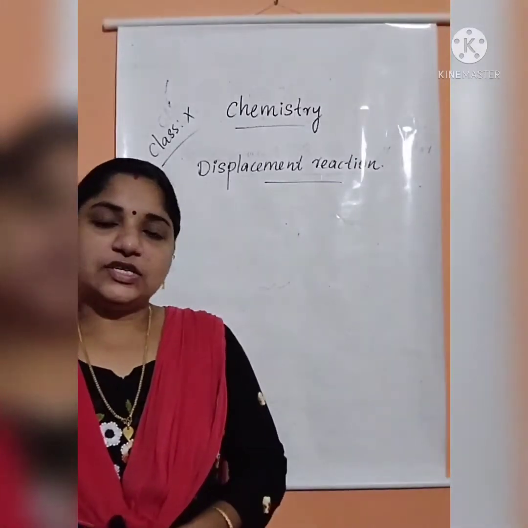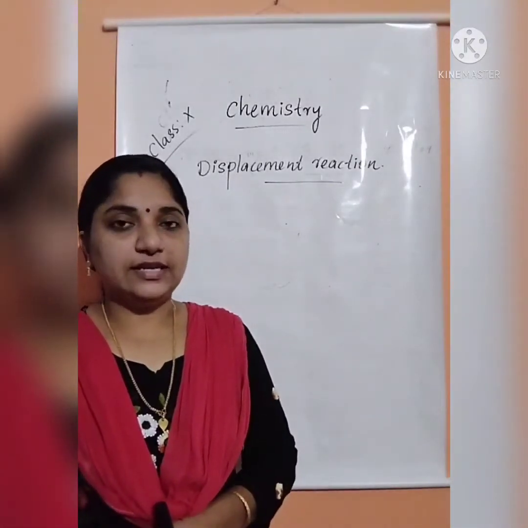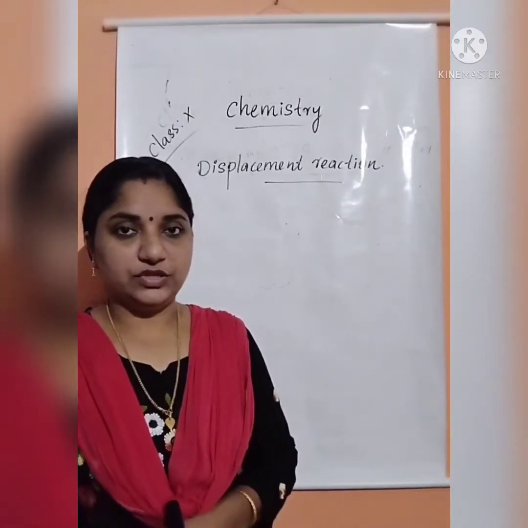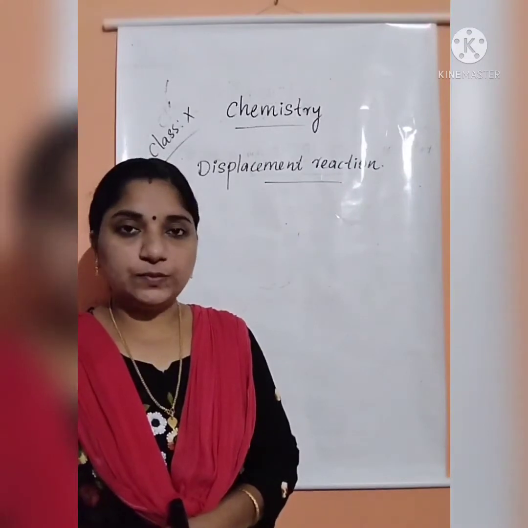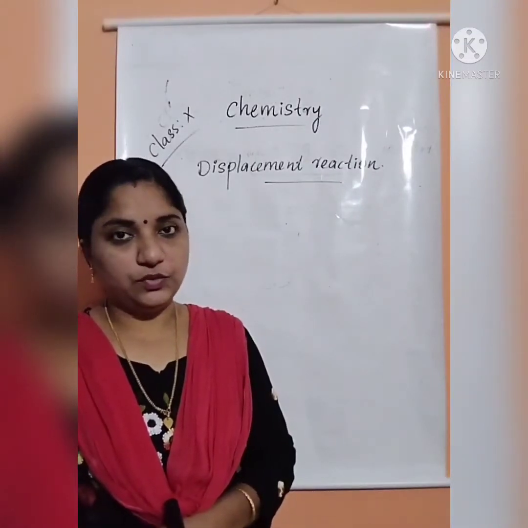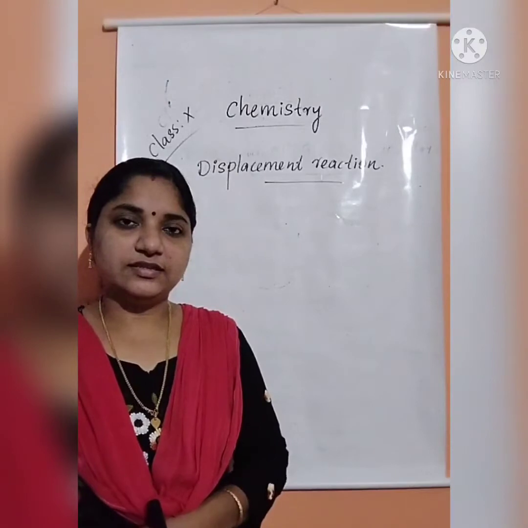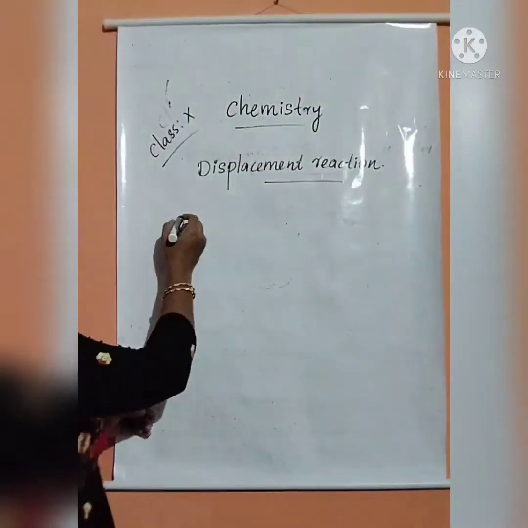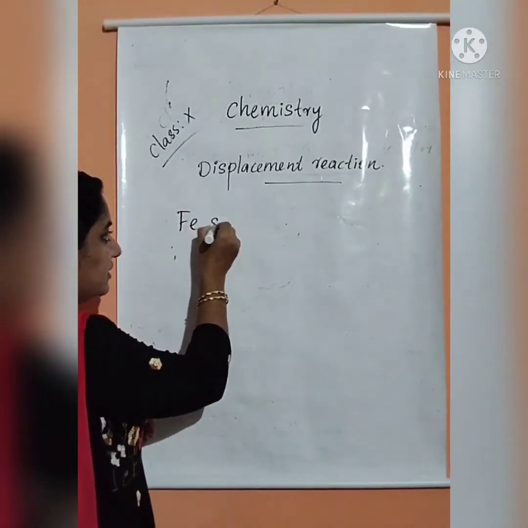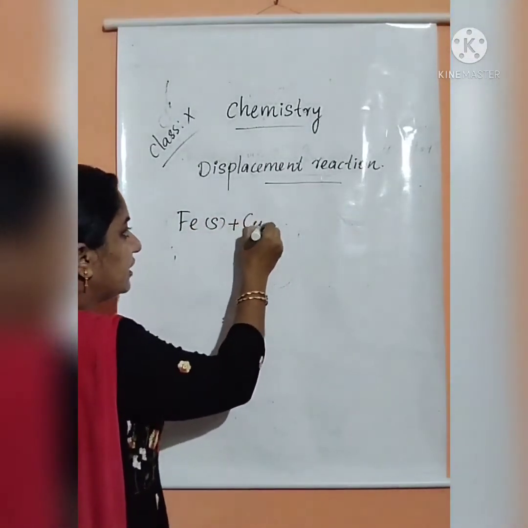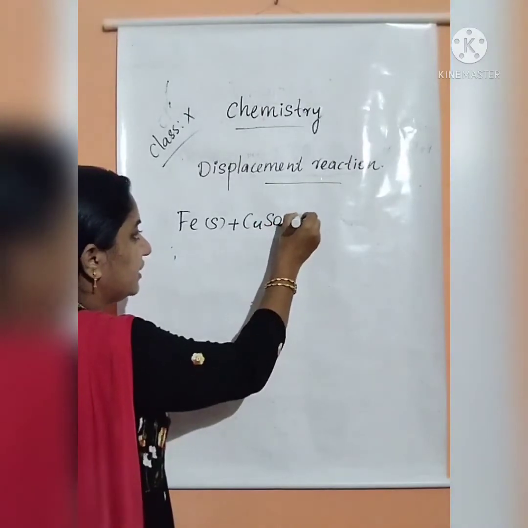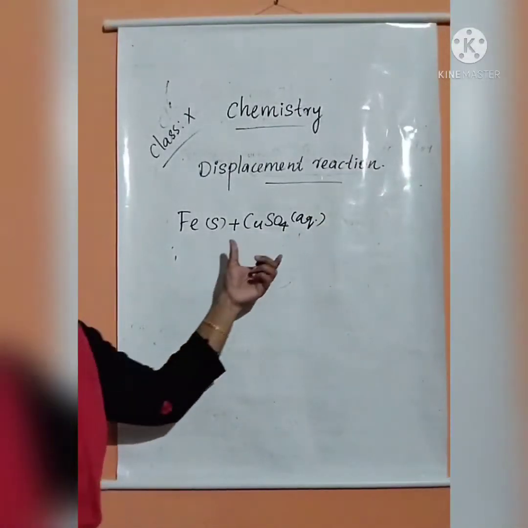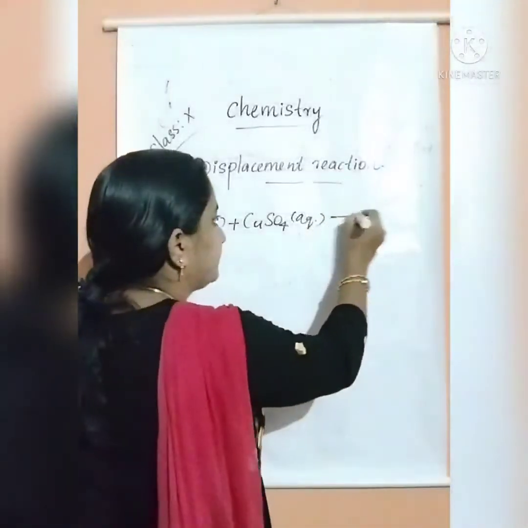Children, we take iron nails and put them in a copper sulfate solution. The color of the copper sulfate solution is blue. What happened? The iron nail is kept inside the copper sulfate solution, aqueous.